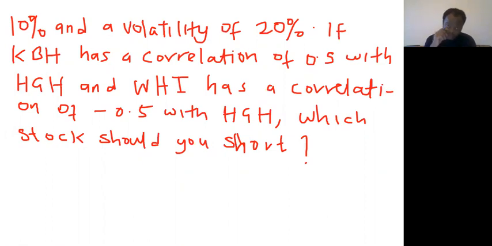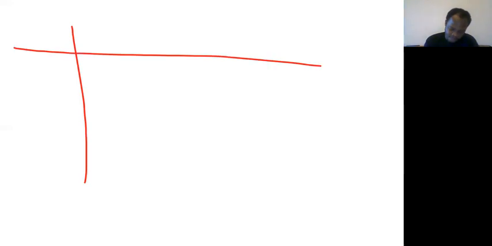First of all, let's try to present the information in a table form. So we start with the stocks here. We have AGH, the next one is KBH, and then we have WHI.